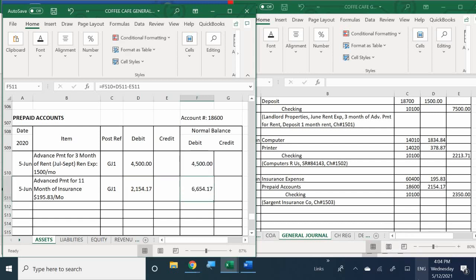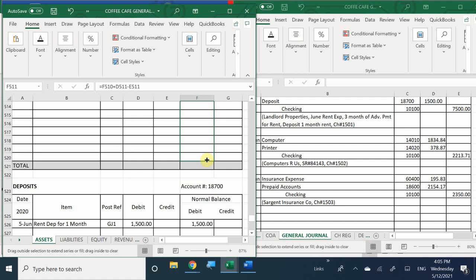Also known as up 1, which is your previous balance, add any debits, subtract any credits from the same exact row. And you should get a grand total of $6,654.17.